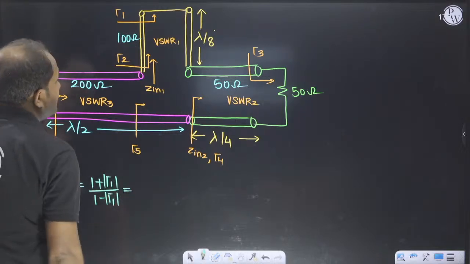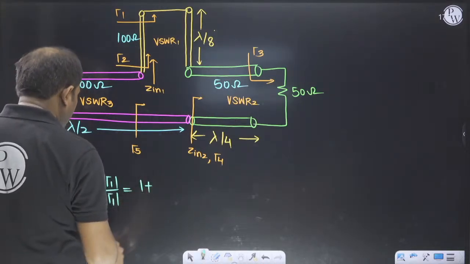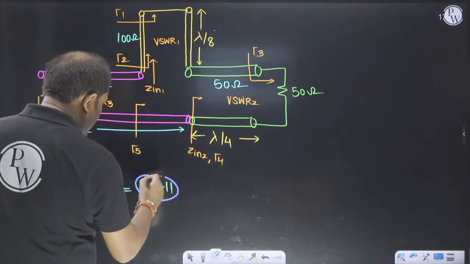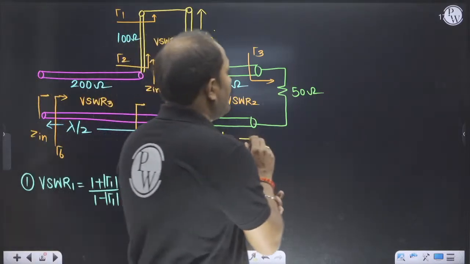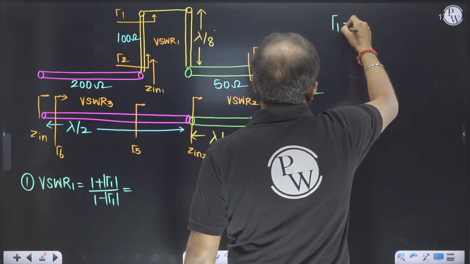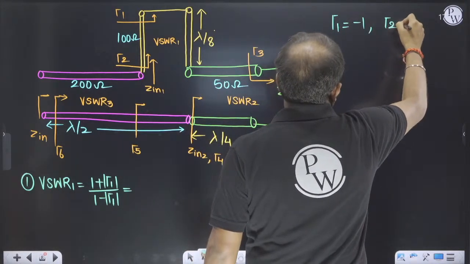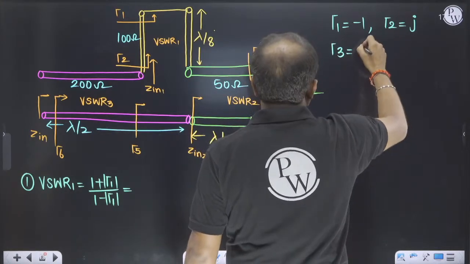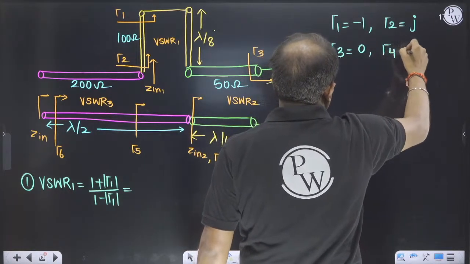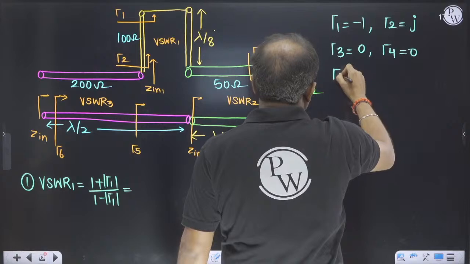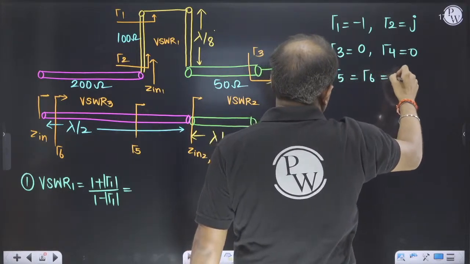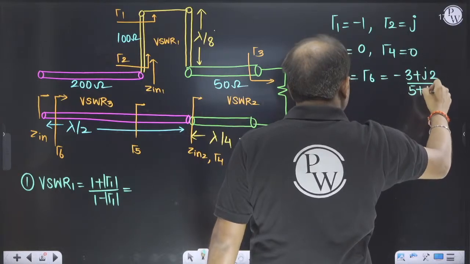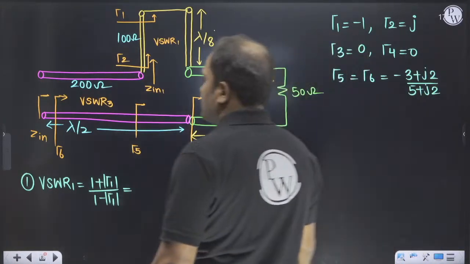I will write down the gamma values: gamma 1 is minus 1, gamma 2 is j, gamma 3 is 0, gamma 4 is 0, and gamma 5 and gamma 6 are minus 3 plus j2 divided by 5 plus j2. This is the value of the reflection coefficient.